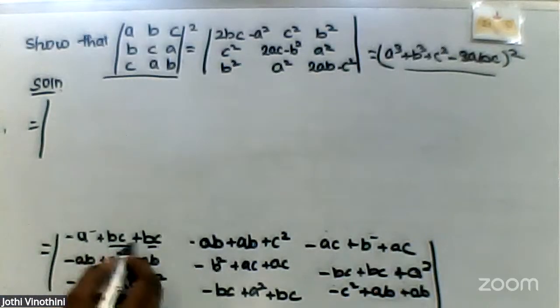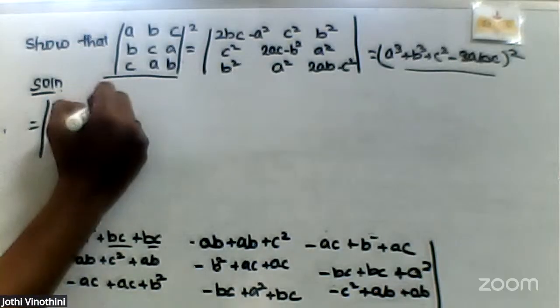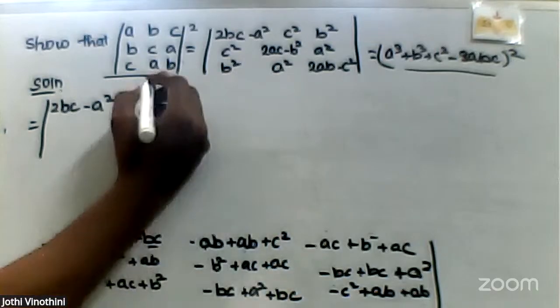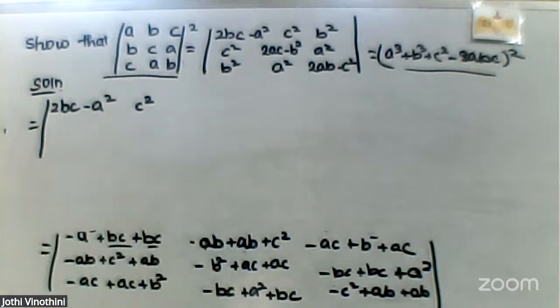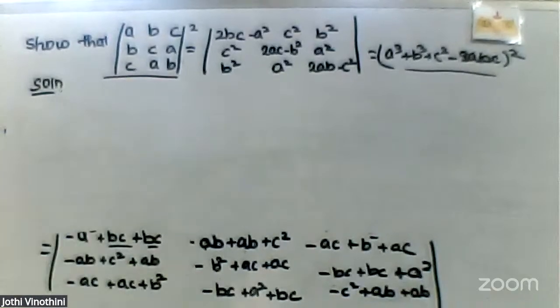So here BC plus BC 2BC minus A squared. Here minus AB plus AB will get cancelled. What we have here? C squared. Okay. Once again, before that we can write what we started to solve.